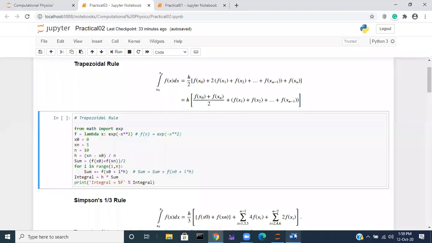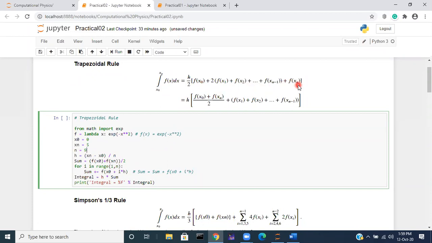10 points and 20 points means 10 equal intervals and 20 equal intervals. We divide it into n, the number of intervals. With 10 equal intervals, for 10 points we write x0, x1, x2, x3, x4 and so on till x9, the 10 points.